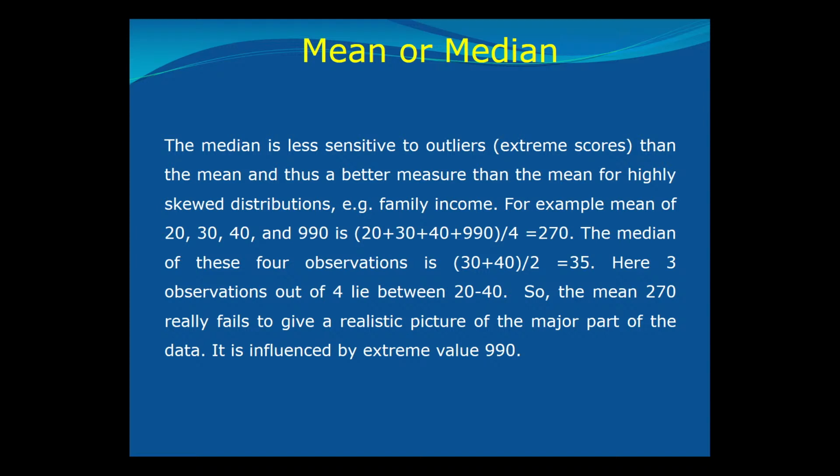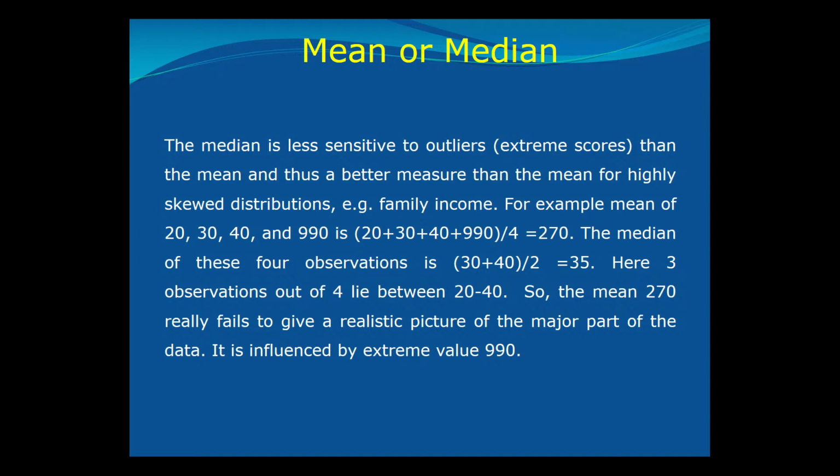The mean of 20, 30, 40, and 1,000 is equal to 272.5. The median of these four observations is 35. Here, 3 observations out of 4 lie between 20 and 40.